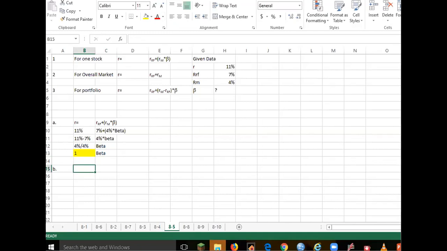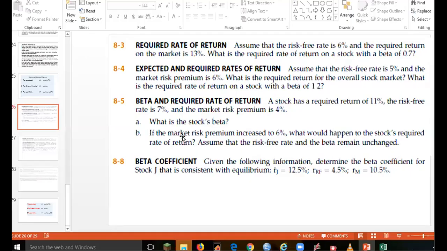We have another part for this problem. In part B, if the market risk premium increased by 6%, what would happen to the stock's required rate of return? We are going to calculate it and assume that risk-free rate of return and beta remain unchanged. That is related to previous data. Only the market risk premium is increased to 6%.